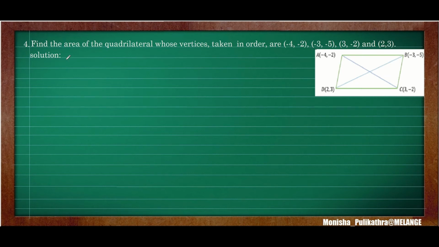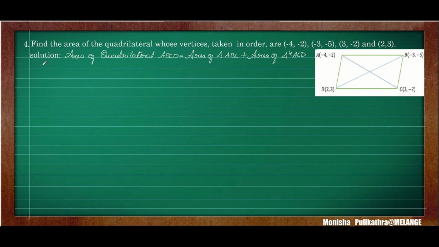Okay, so area of quadrilateral ABCD is equal to area of triangle ABC plus area of triangle ACD.